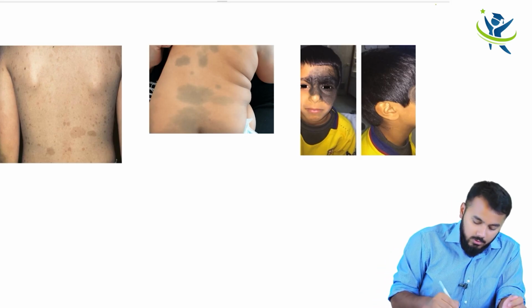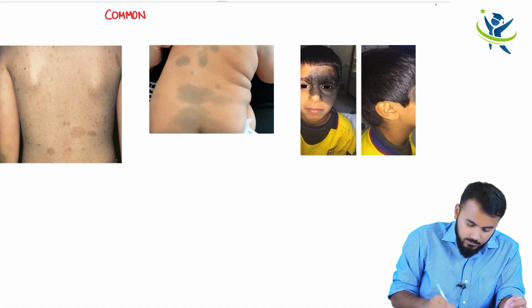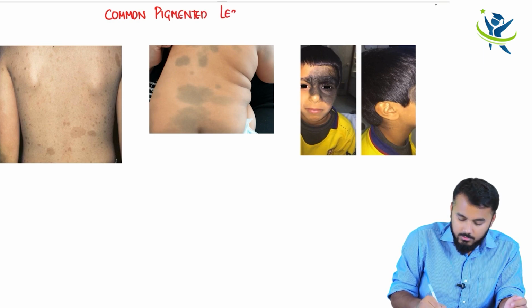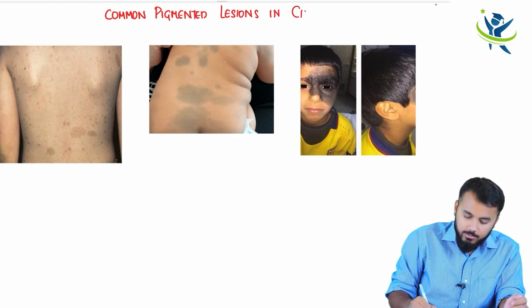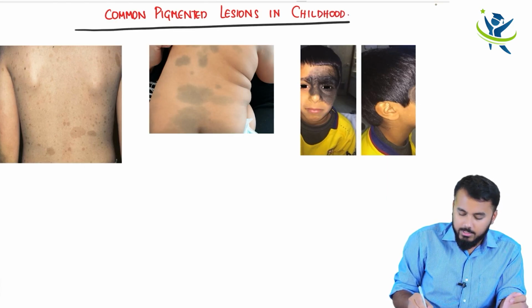So we shall focus on a topic that is common pigmented lesions in childhood, right? We shall be mainly focusing on common pigmented lesions in childhood.